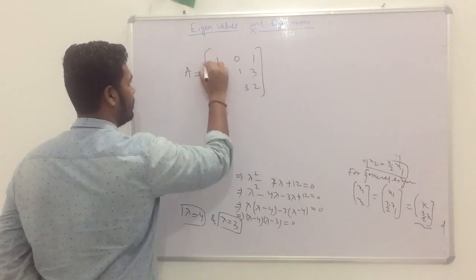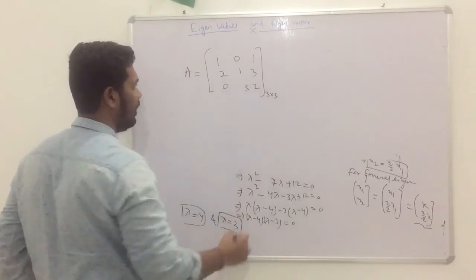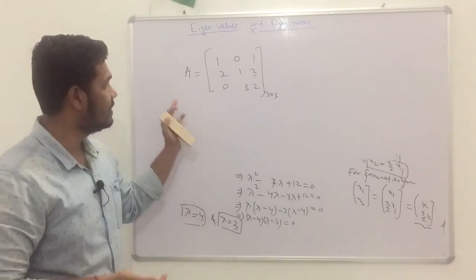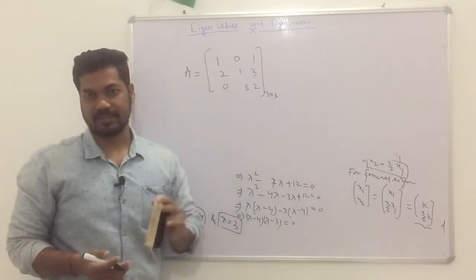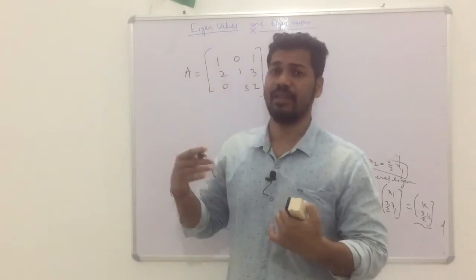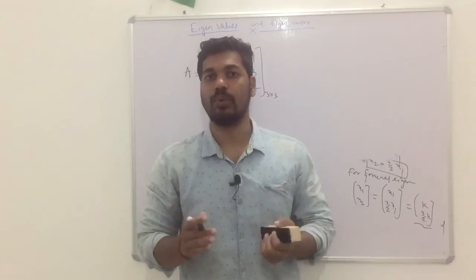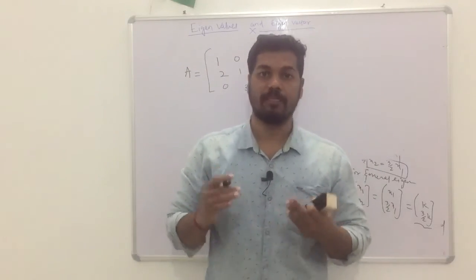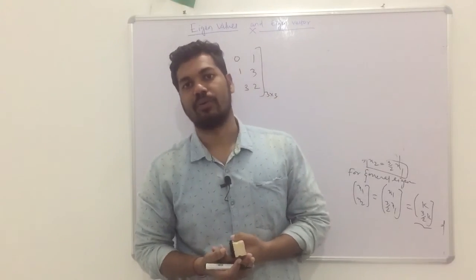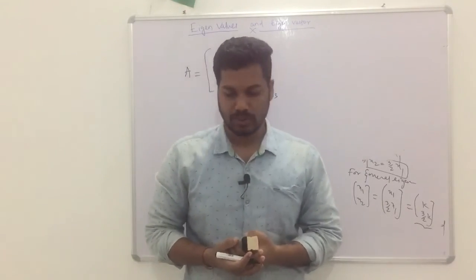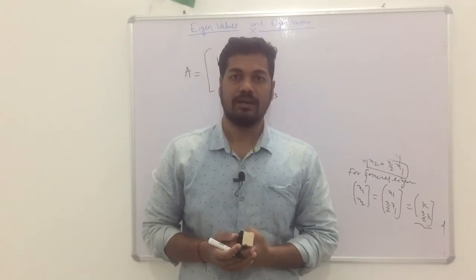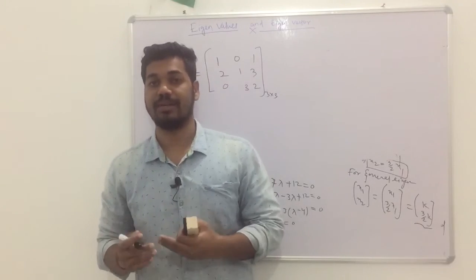So this is a 3 cross 3 matrix, and find its eigenvalues and eigenvectors, and this is your homework. And the procedure is very same. In the very next lecture I am going to discuss the properties and some special ways of finding the eigenvalues and eigenvectors.